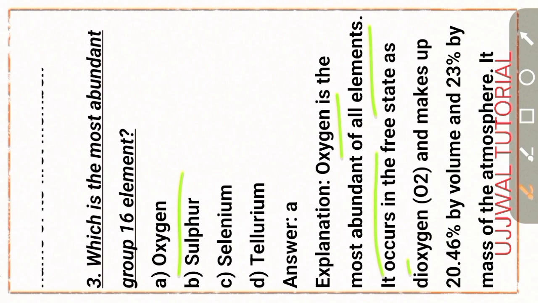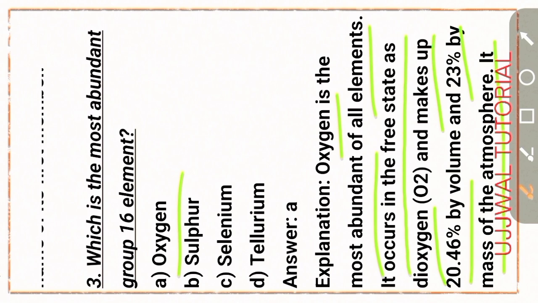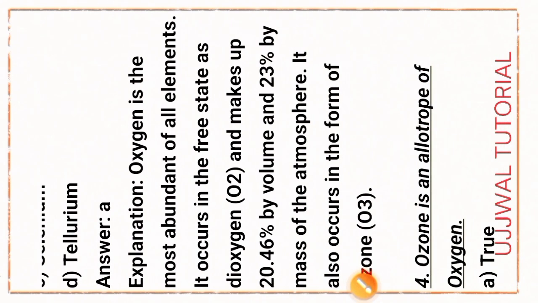It occurs in the free state as dioxygen, O2, and makes up 20.46% by volume and 23% by mass of the atmosphere. It also occurs in the form of ozone, O3.